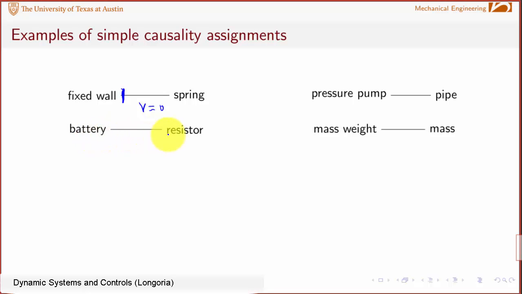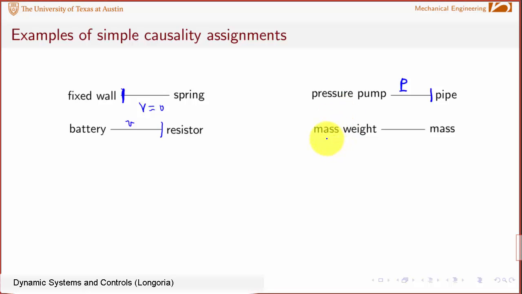How about a battery against a resistor? Kind of already mentioned this one. If I specify the voltage, then it's specifying effort into the resistor. If I have a specific type of pump that I know specifies pressure, obviously that has to be specifying effort, or the pressure, into some pipe element. Let's say I have the mass and I have a model element that represents its weight.